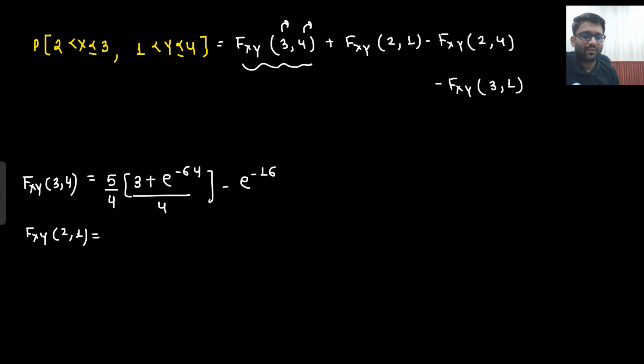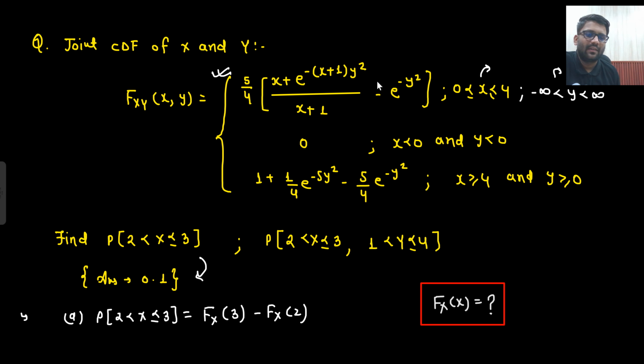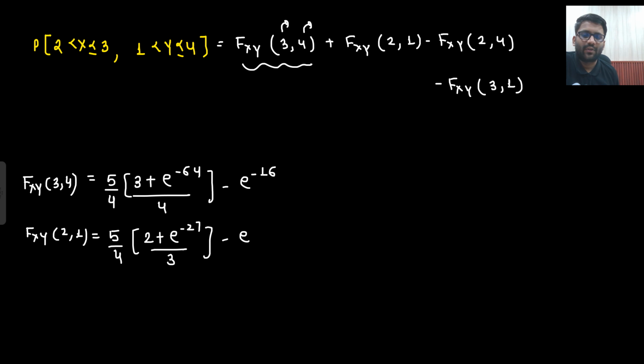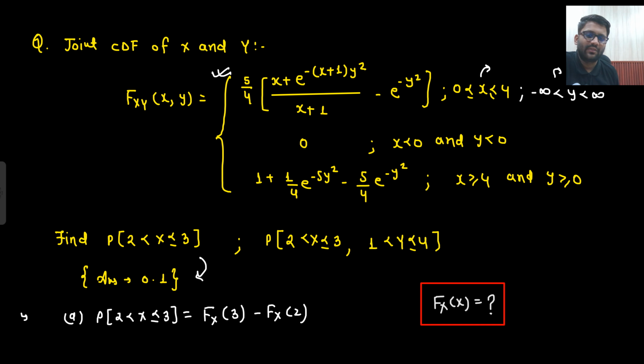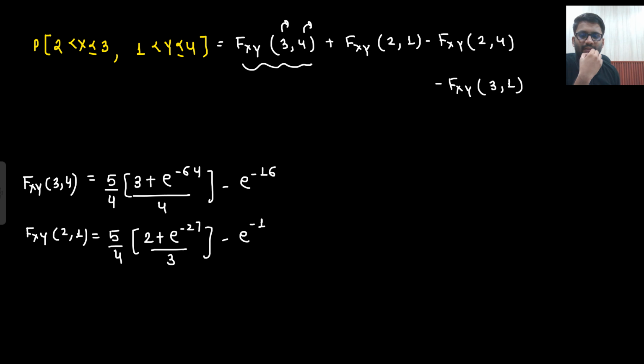So 5 by 4, 2 divided by here 1, I am putting, no, 1, e to the power minus 1. Now this will create a problem, e to the power minus 1. Here it was 1 only. So e to the power minus 3. This would be e to the power minus 3.